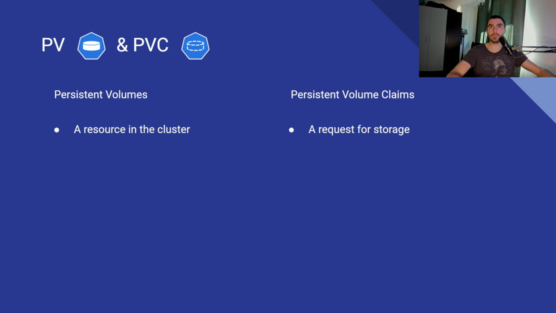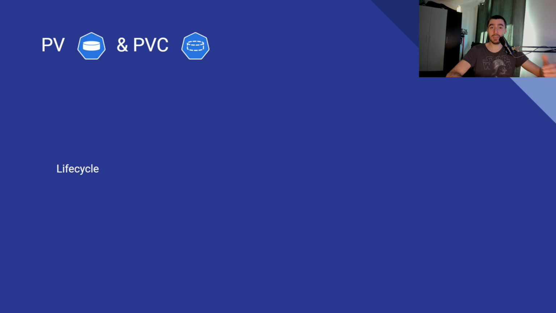Okay, and the way these two resources work is best emphasized by going through the life cycle. So the life cycle of PV and PVC goes as follows. First of all, you have the provisioning of the persistent volume, which can be done in two ways, either static or dynamic. Static means that a Kubernetes administrator creates that persistent volume for you.